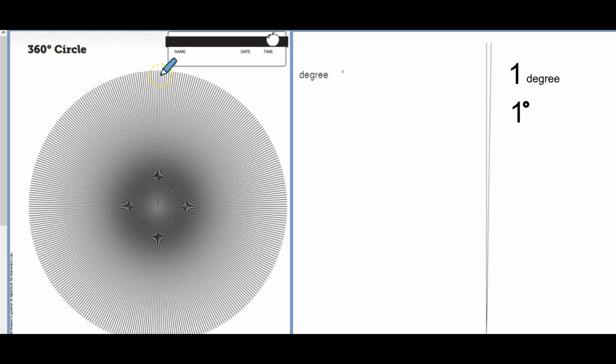How many 1 degree angles all the way around my circle? 360 of them.